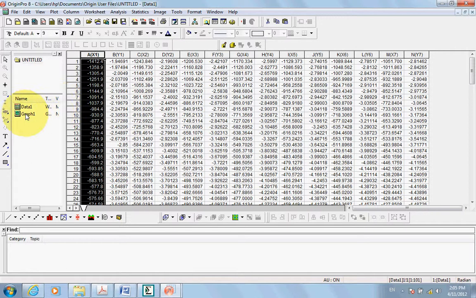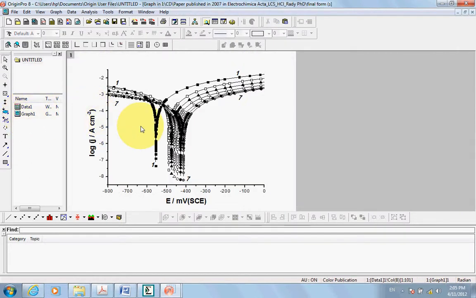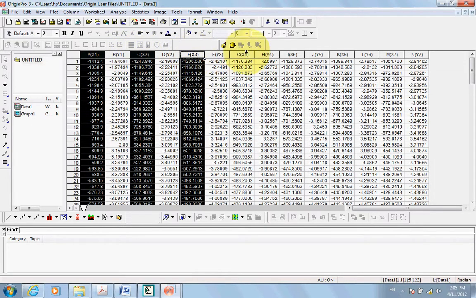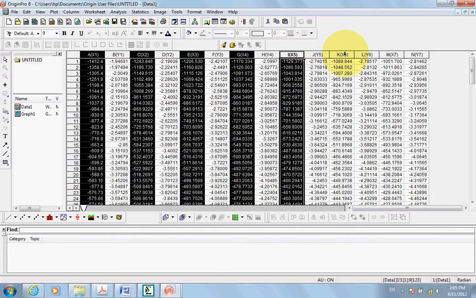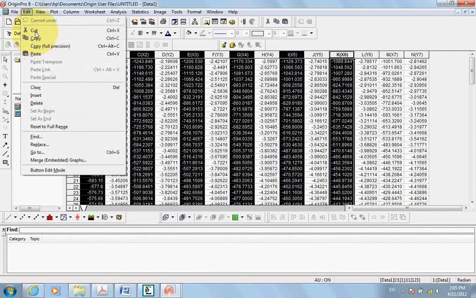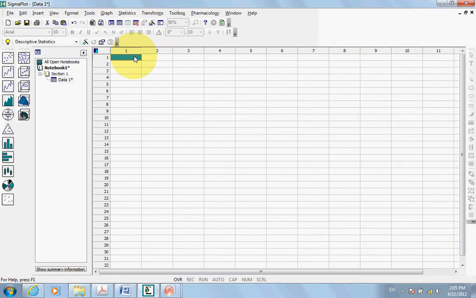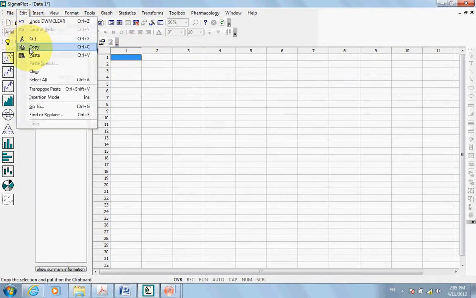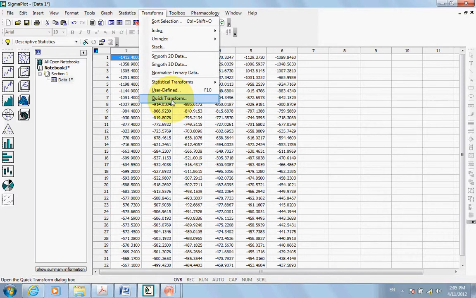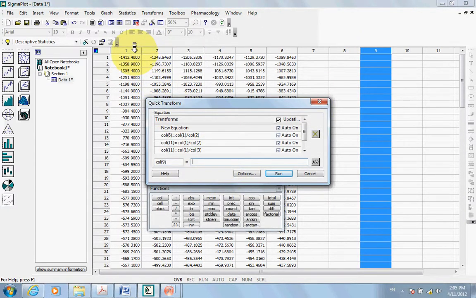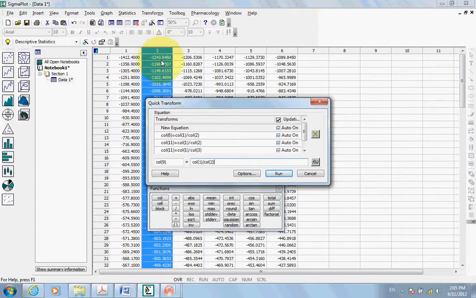To examine whether these data are fake or true experimental data, we will copy the x-axes of, for example, 6 graphs, paste them into the SigmaPlot program, and try a simple math calculation. We will put the results in column 9, dividing x1 by x2.